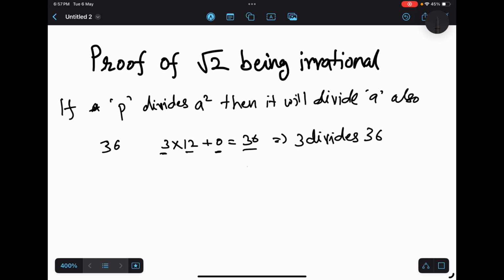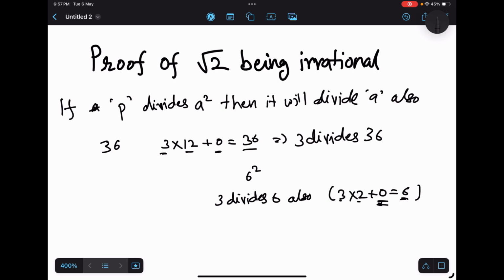If you see, 36 is also 6 square, and 3 divides 6 also, because 3 into 2 plus 0 is equal to 6. The remainder is 0. So 3 is dividing 6.